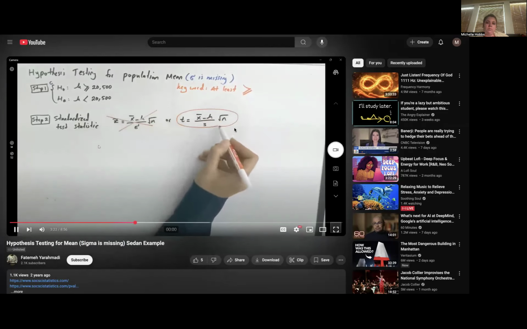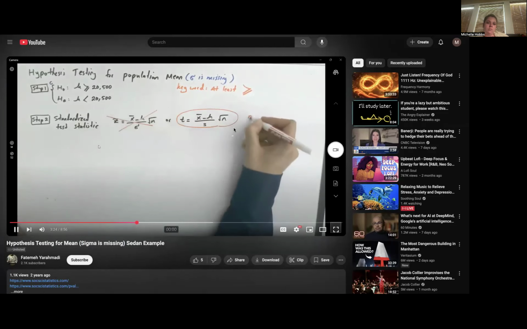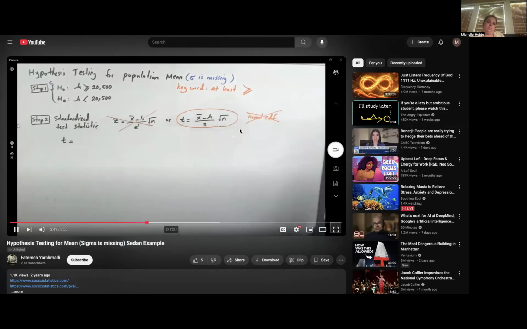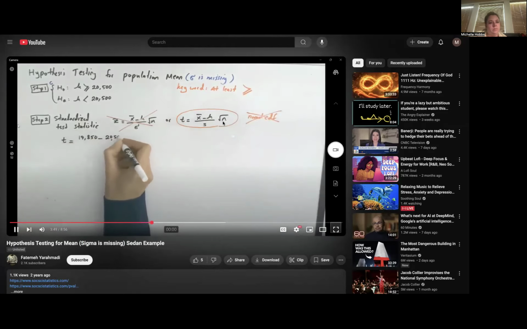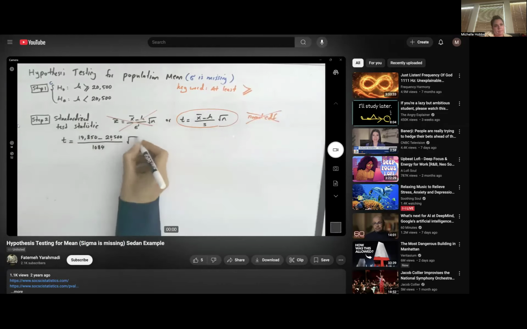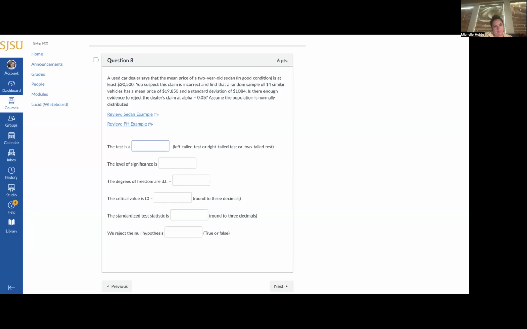It means that we are not allowed to use normal CDF. You're going to use a T distribution. So let me find T. T is X bar, the mean of the sample, $19,850, minus the mean, $20,500, divided by S, the sample standard deviation, $1,084, times square root of n, the sample size, 14.